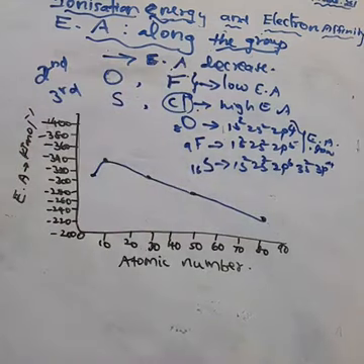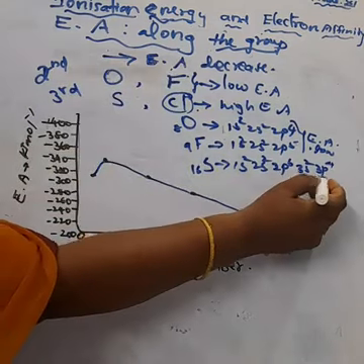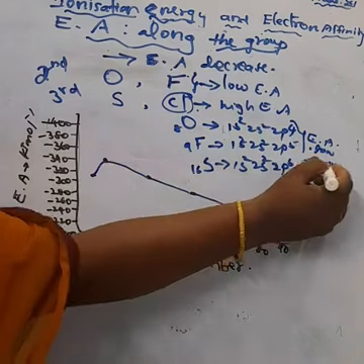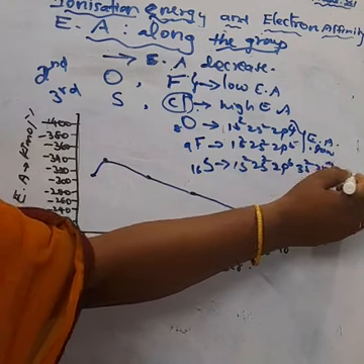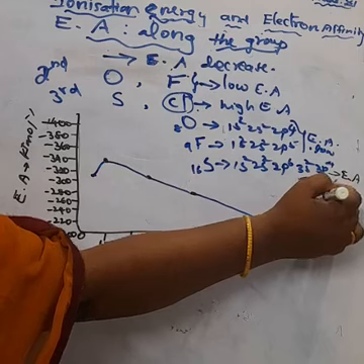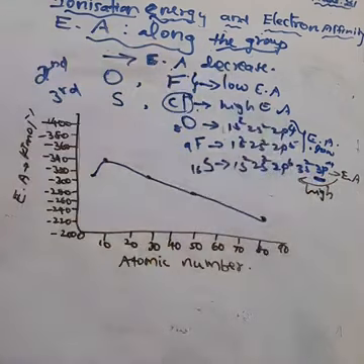So the extra electron is added in the 3p orbital, and here the electron affinity will be high. So the electron affinity will be high when compared with oxygen and fluorine.